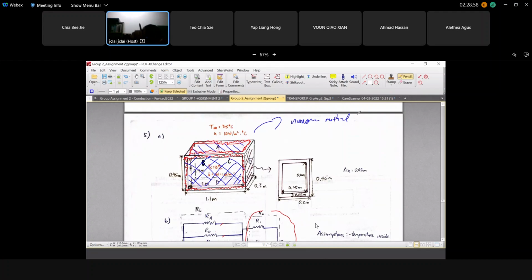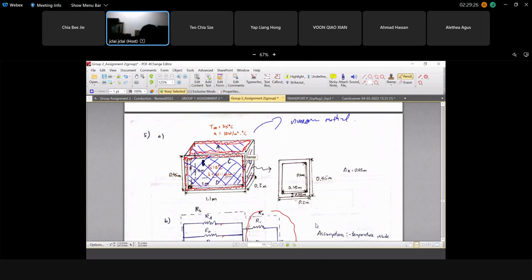When you give your solution, you must state clearly your assumption. What is your assumption? You can say, it is assumed heat transfer only occurs through the blue area. And let's say for convection, because convection is outside, right?